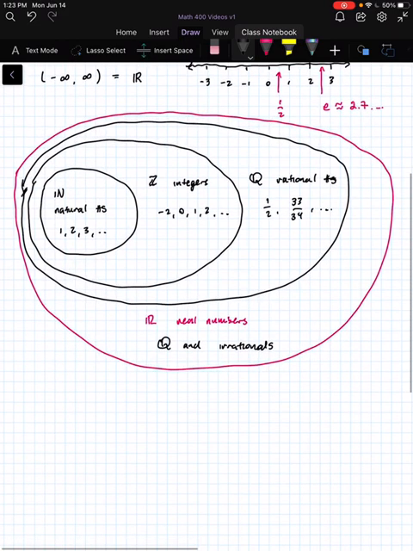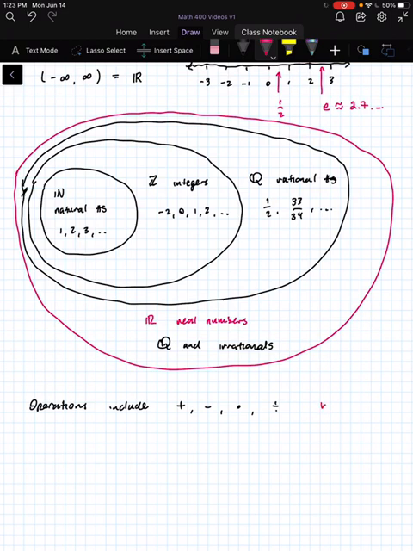Right, so what can we do with real numbers? There's all the typical sorts of things. So operations on real numbers include such things like your standard addition, subtraction, multiplication, division, except by 0. Can't divide by 0. So these are the binary operations.